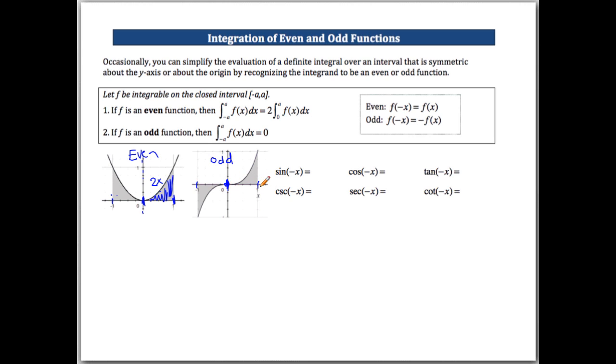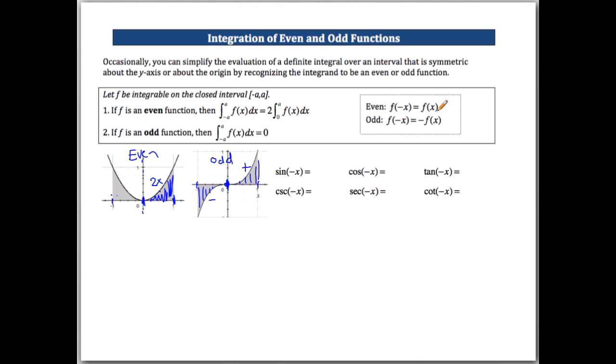If we go from 0 to 1, we get an integral that is positive. And if we go from negative 1 to 0, because this is below the x-axis, this integral is negative. Since they're the same size, when you add these two together, we get 0, or they cancel each other out.